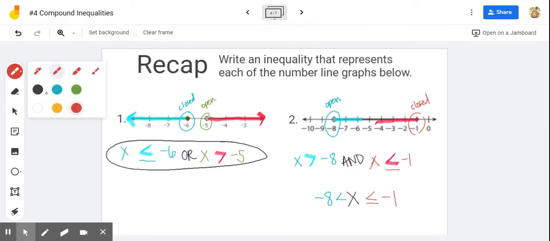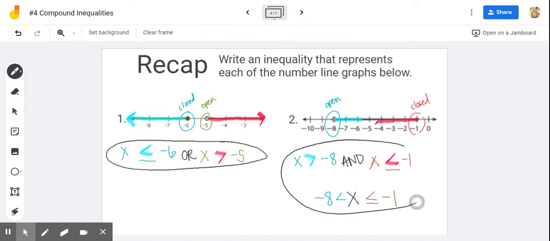So in this case where you have this middle part where you are in between, you can write that either as an and statement, or you can just write it all together with x sandwiched in the middle. Now notice the two symbols will be pointing the same way. It means that everything in between is included, or that's where my shading is happening, in between -8 and -1. So that's kind of neat, isn't it?